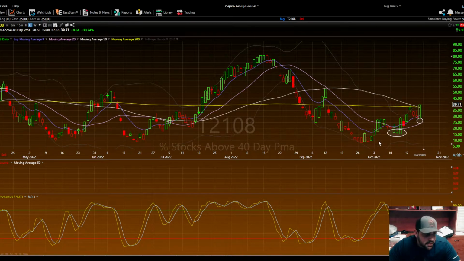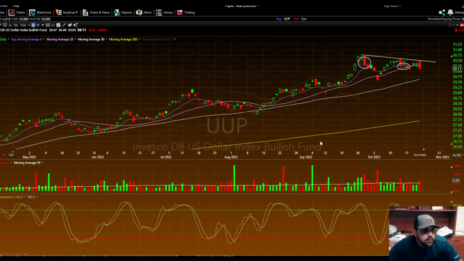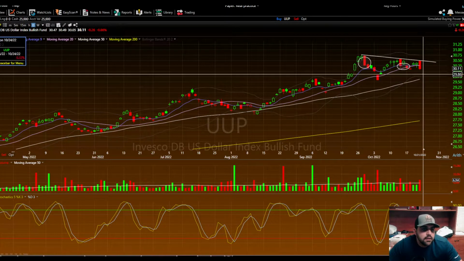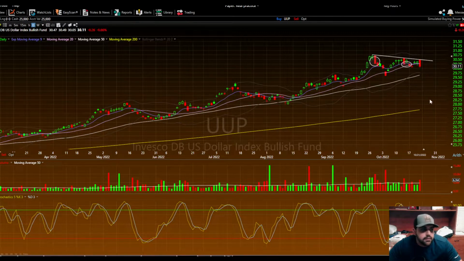So this is the second indicator that gives us that the market might keep going higher. And also we got the UUP, the dollar index, showing us that we might go lower here, meaning the market is gonna keep going higher. When the dollar goes down, the market goes up.